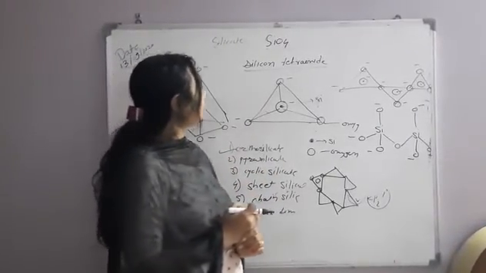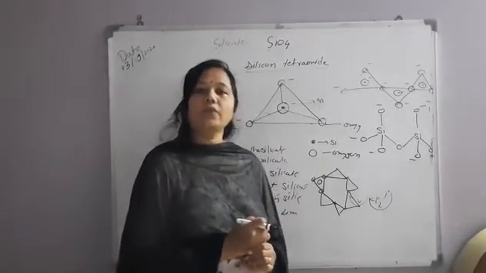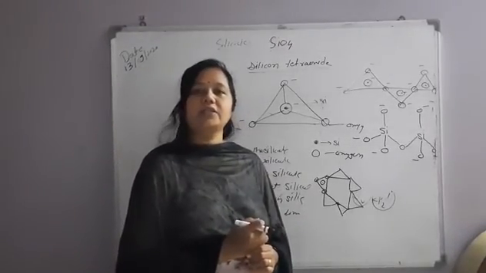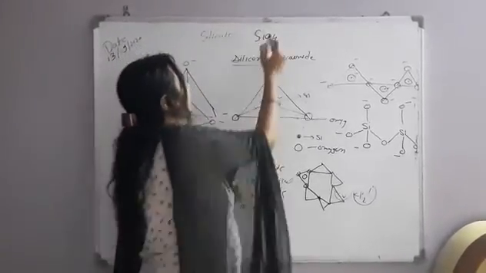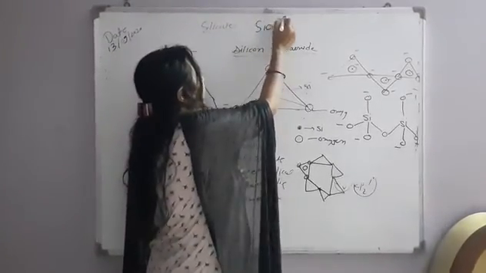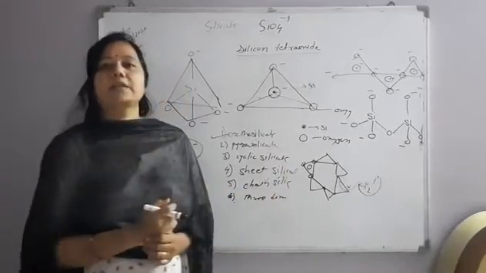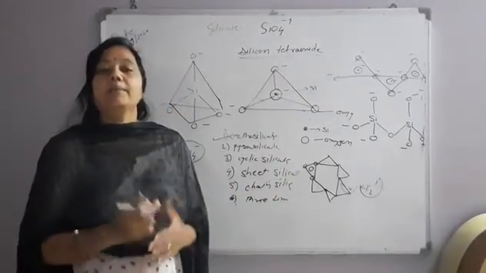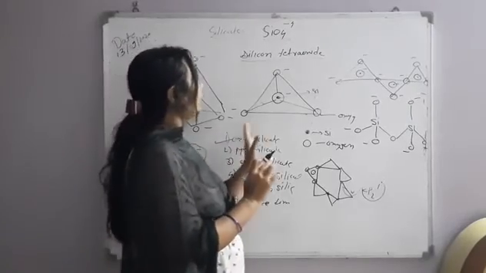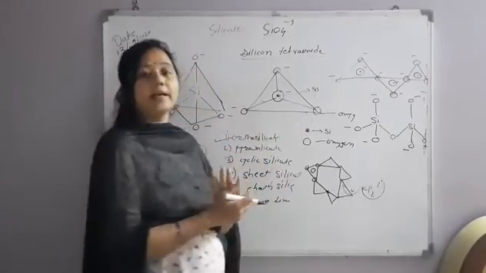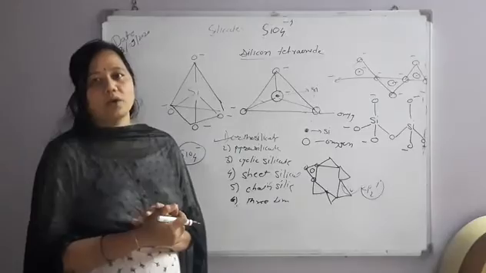Which hybridization is present in this SiO4 unit? sp3 hybridization. And how many charges are there? SiO4 4 minus, because the oxygen atoms have 2 electrons in the 2pz and 2px orbitals.